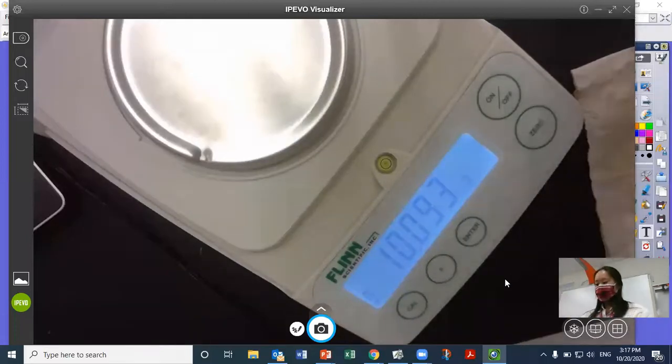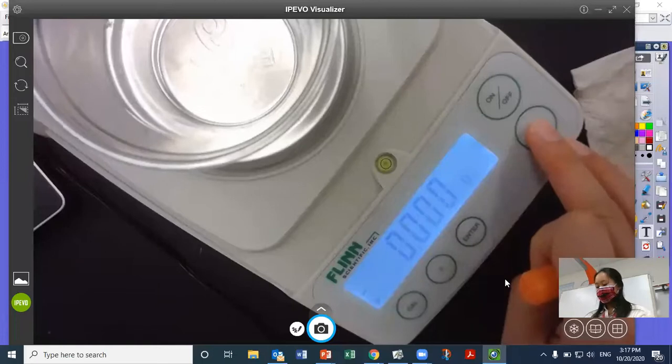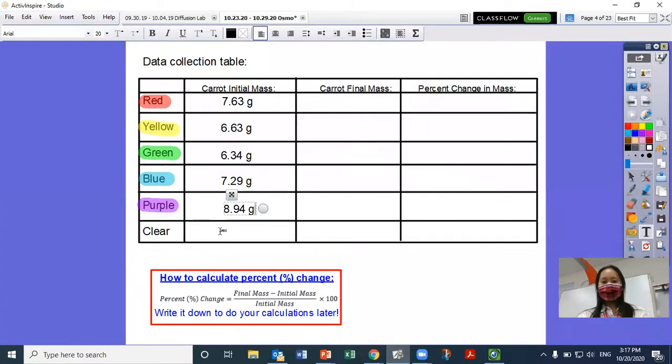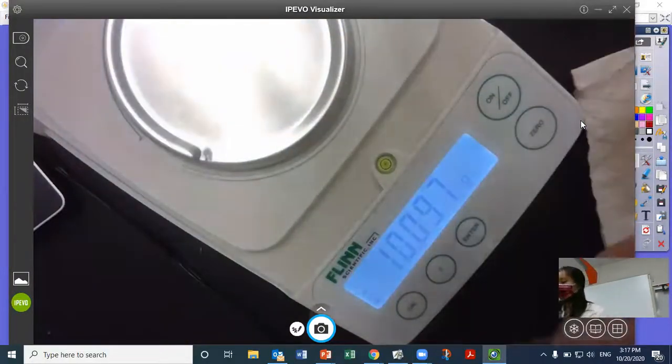And then our last carrot is .09 grams. And we are going to pop that one into the clear solution.